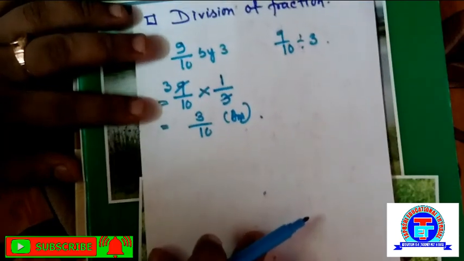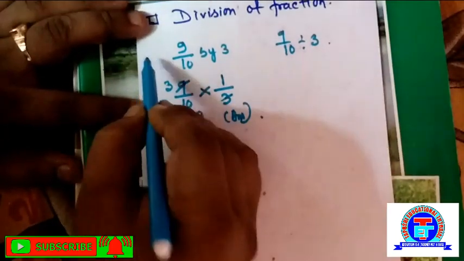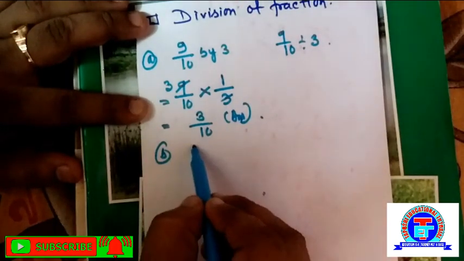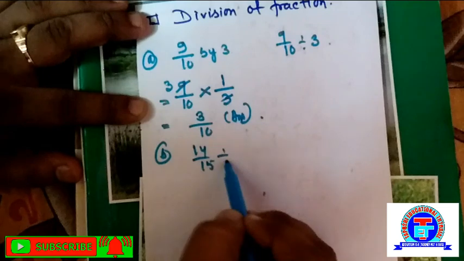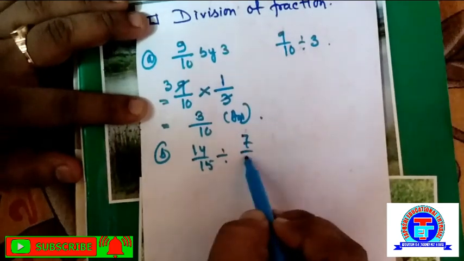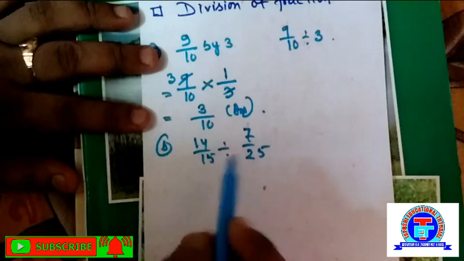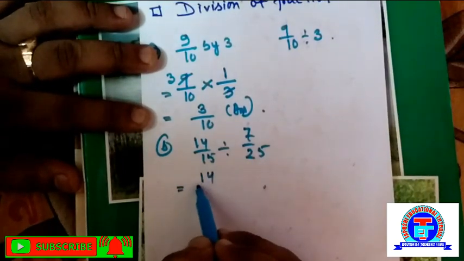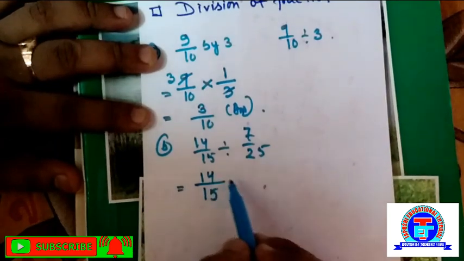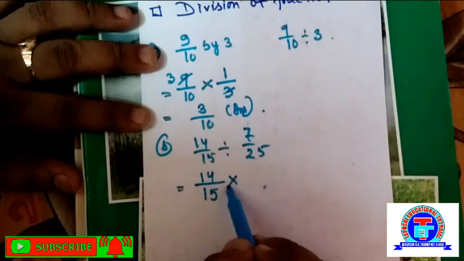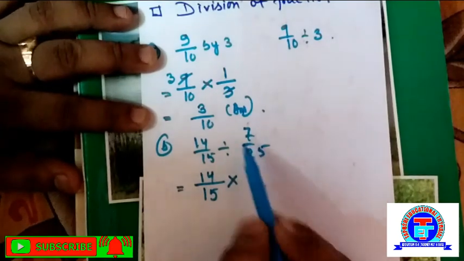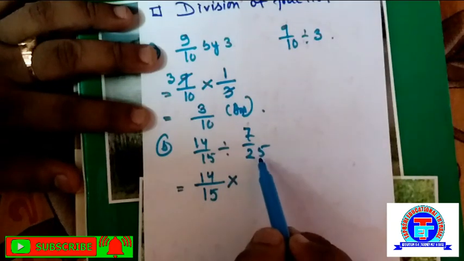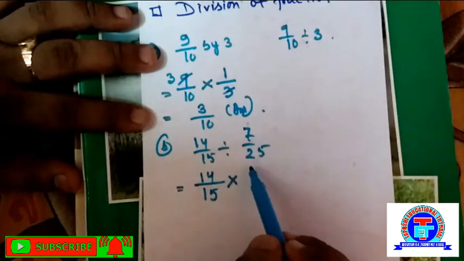Now another problem is this one, number A, and this one B. So the B is given here 14 by 15 divided 7 by 25, right? So we write here this one, the first fraction, nothing is changed, okay. Now the division became convert to the multiplication, and this second fraction change their numerator into denominator and denominator into numerator, that means change their position.